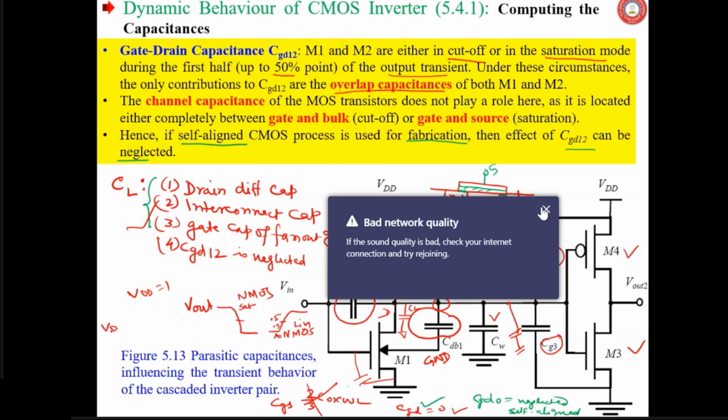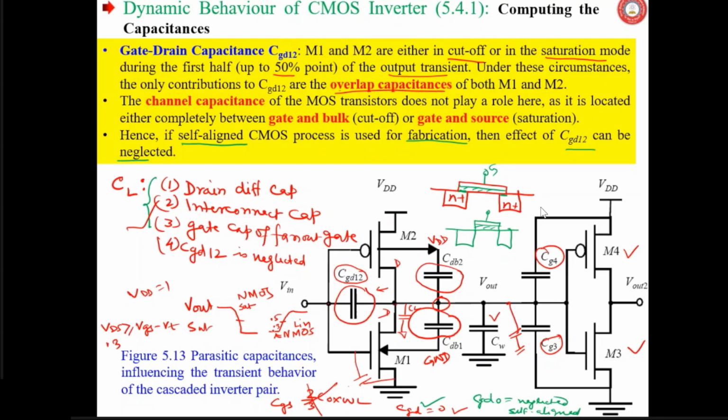We know that VDS greater than or equal to VGS minus VT is the saturation condition. So VDS here is 0.3 volt, VDS meaning output voltage only. Is it greater than or equal to VGS minus VT? VGS is 1 minus 0.4 volt. So this is not true. It is false. So it is in the linear region.